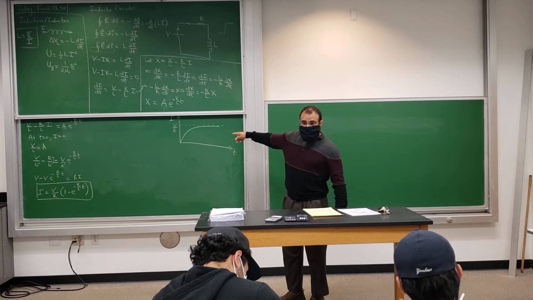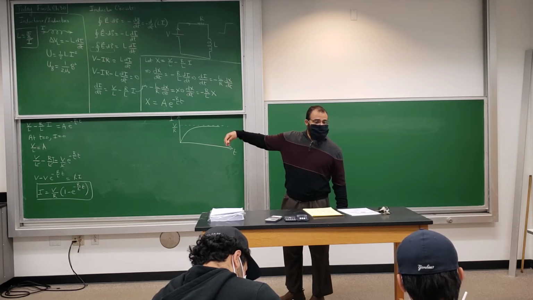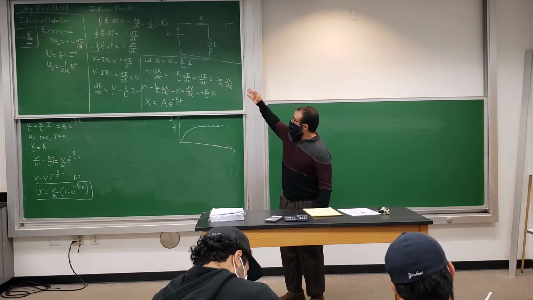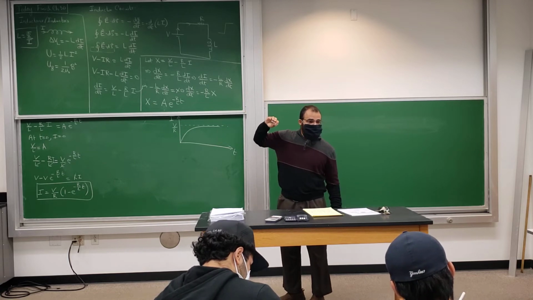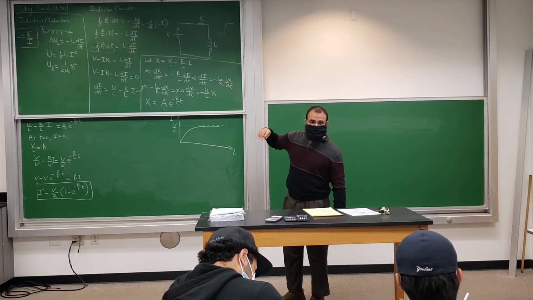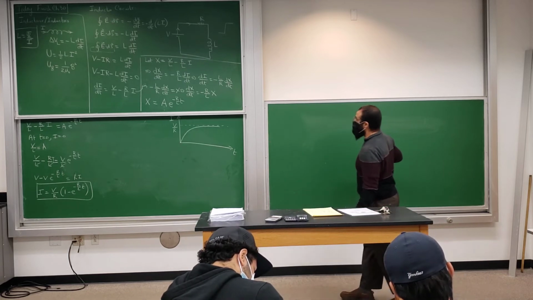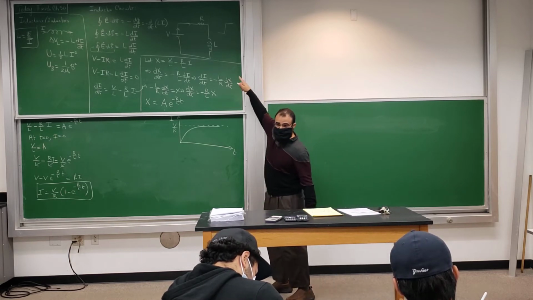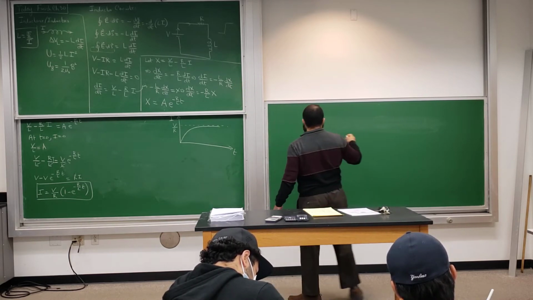So that's the inductor. Now what if there is current already flowing in the inductor, but now I change the circuit a little bit. Suppose I go to that circuit again, and I'm going to draw it right here.